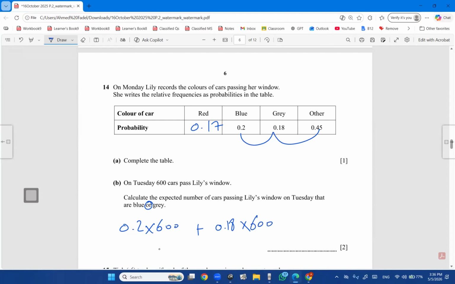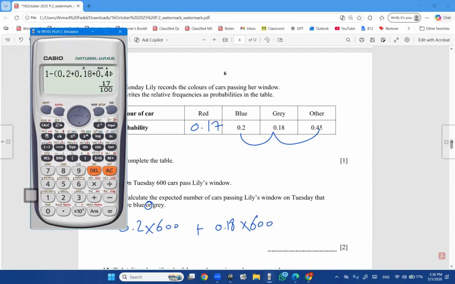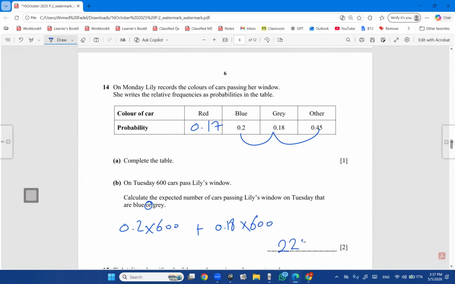So it is going to give you 0.2 multiplied by 600 plus 0.18 multiplied by 600. No need to use brackets because the order of operation forces you to follow the multiplication first. If you use the brackets, it's not going to be a mistake. So it is 228 cars are expected to pass Lily's house that are blue or gray.